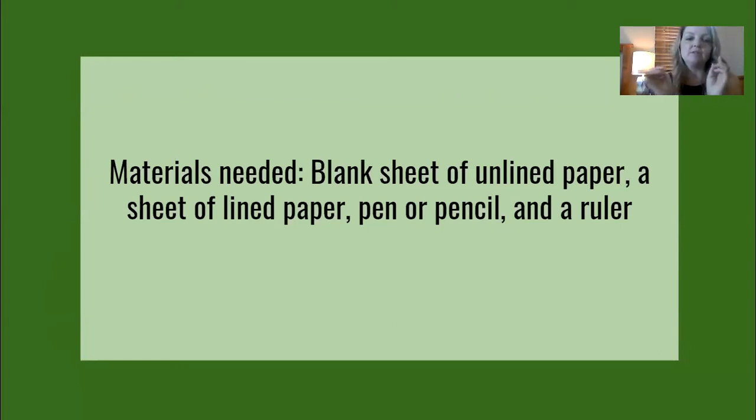And then grab some lined paper or a notebook or a journal, and then a pen or a pencil. And then if you would, grab a ruler this time. This is just going to make it a little easier to make what we're going to make. It's going to be kind of a diagram that we'll make. So go ahead and pause the video and take as long as you need to round up these four materials here. And as soon as you get back, we will go ahead and begin.